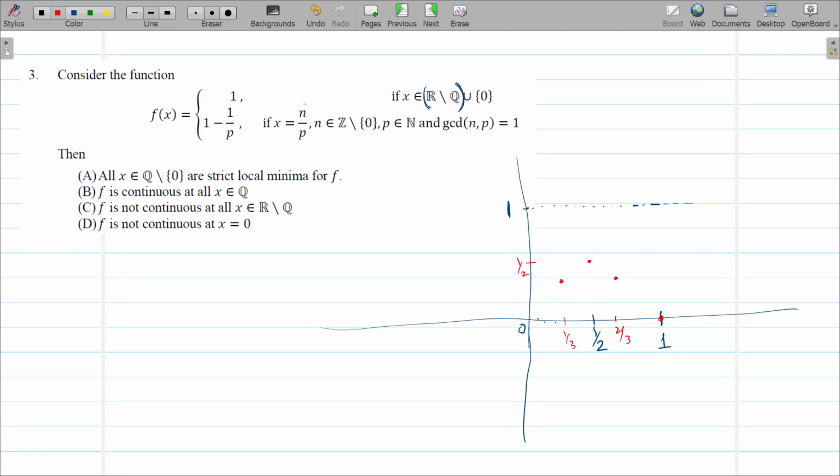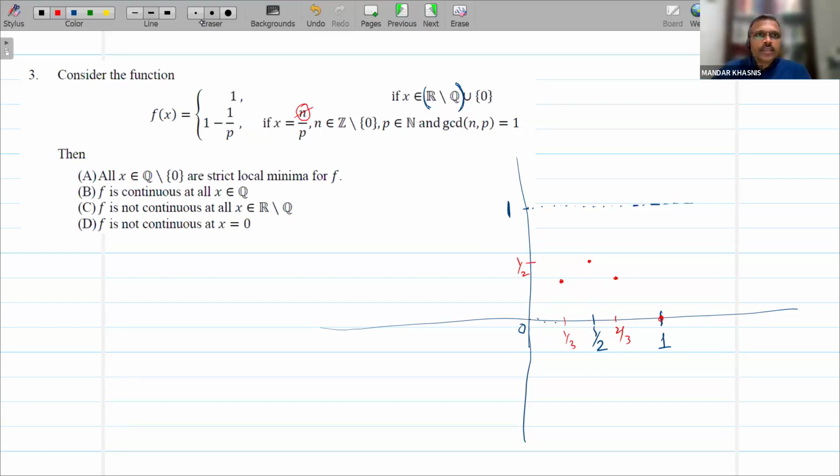We are removing the numerator and keeping only the denominator. So 1 minus 1 by 3 for both, that is 2 by 3 and 2 by 3. Everyone get it?